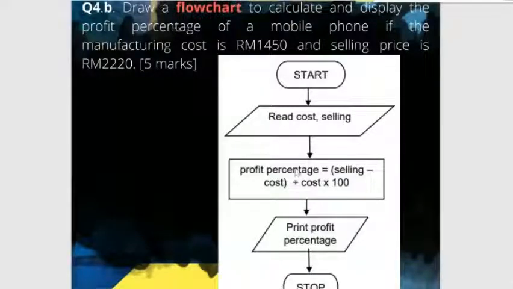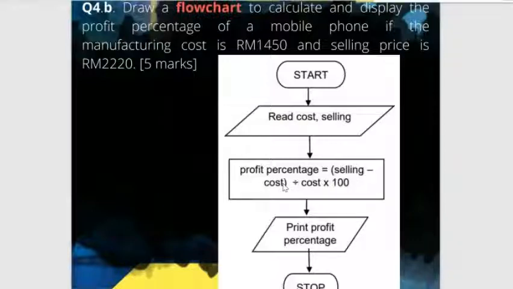So profit percentage equal to selling minus cost. This is logic. Okay, if we buy something cheaper and after that we sell it for a higher price, you will get profit by deducting selling minus cost.